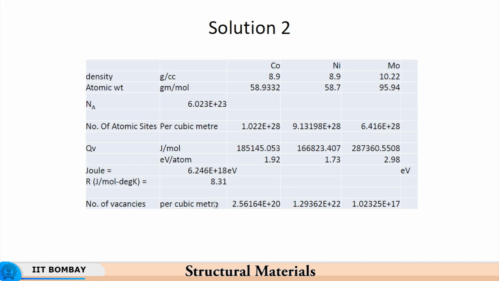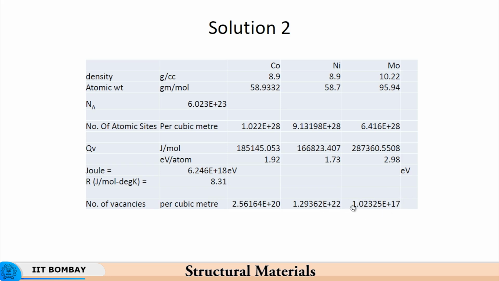A hexagonal close pack still has a higher diffusivity because of the empty space inside the lattice. So although nickel and cobalt are close packed structures, FCC and HCP, the diffusivity is much higher because of a larger number of vacancies as compared to molybdenum.